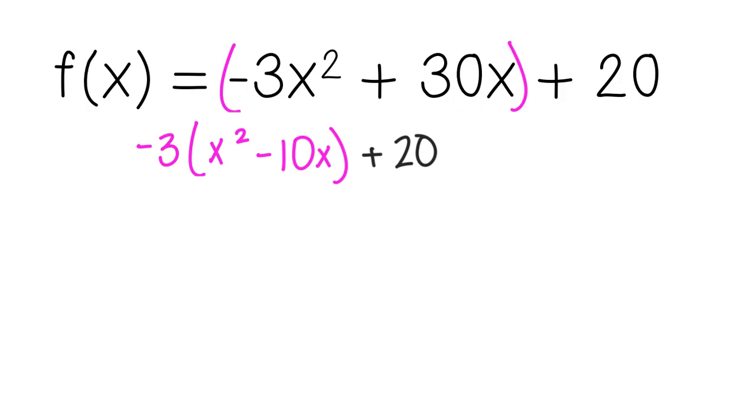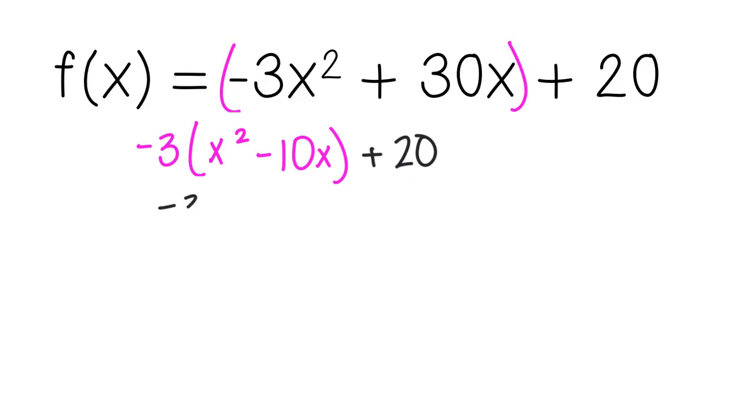So always go back and check your work. Always look at it that way. If I were to distribute this, would these two multiplied give me that positive 30? Negative times negative is positive. Now I'm going to go ahead and add my blanks. Again, if you feel comfortable adding your blanks at that next step, by all means add the blanks. But I'm going to add my blanks now.